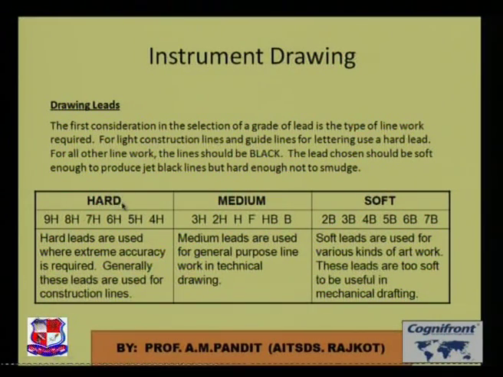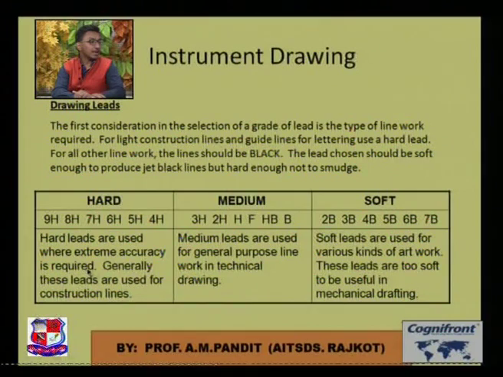When we see hard lead, it consists of 4H, 5H, 6H, 7H, 8H and 9H. Hard leads are used where extreme accuracy is required. Generally, these leads are used for construction lines. When we are projecting anything, we can use these 6H, 4H pencils where lines would be very thin.